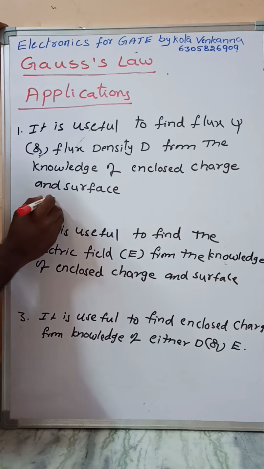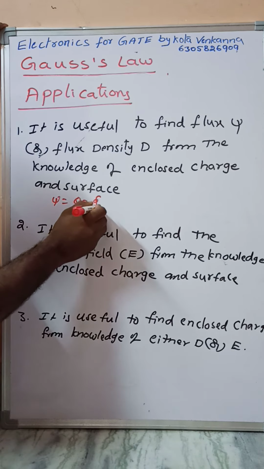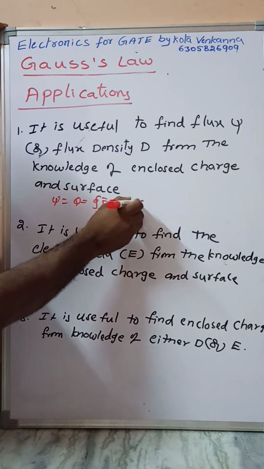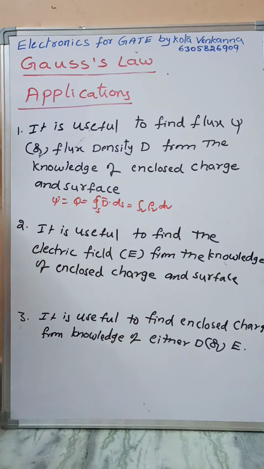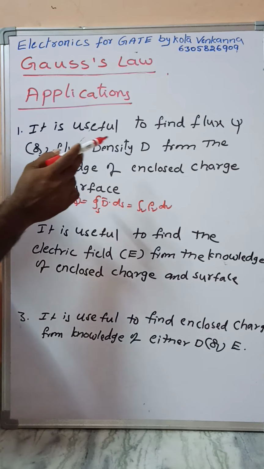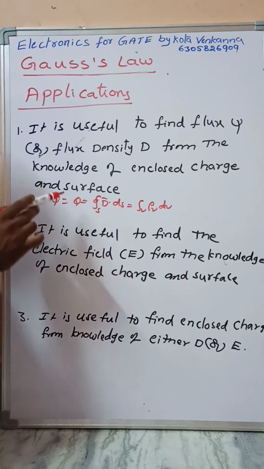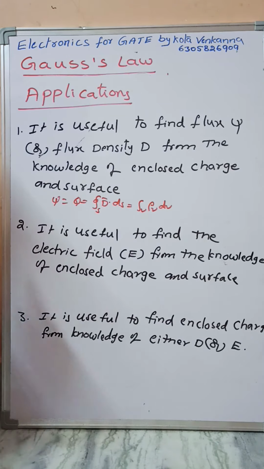Here psi is equal to Q, which is equal to the surface integral of D dot dS or the volume integral of rho v dv. So it is useful to find the flux psi or flux density D from the knowledge of enclosed charge and surface.